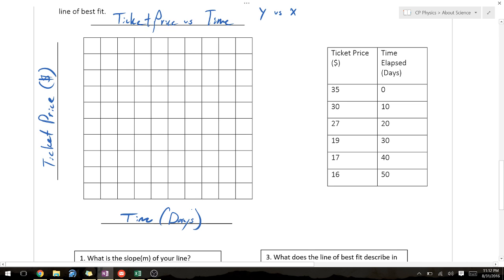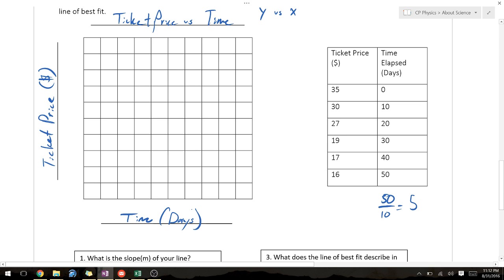Next, we want to figure out the scaling. What we do for the scaling is we take the biggest number and divide it by the number of boxes that we have. In this one we have 1, 2, 3, 4, 5, 6, 7, 8, 9, 10. We have 10 boxes that we want to graph. So we look at the X numbers and we see that 50 is the biggest number. We're going to take 50, divide by 10, and that gets us 5.